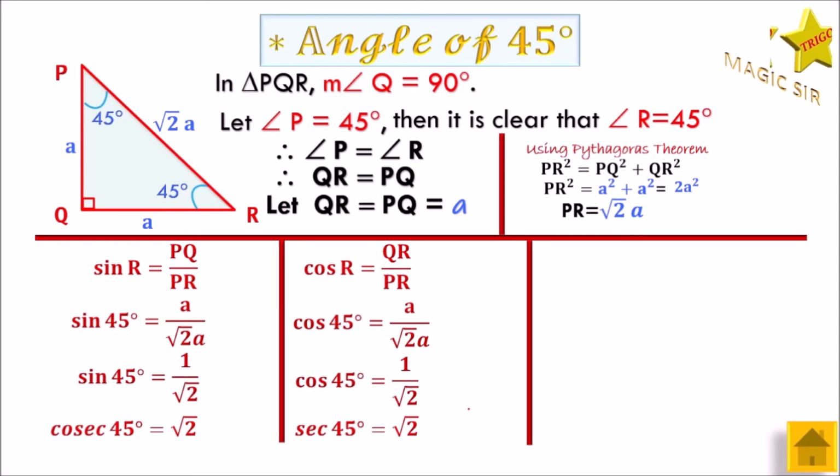Now by definition, tan R is equal to PQ upon QR.